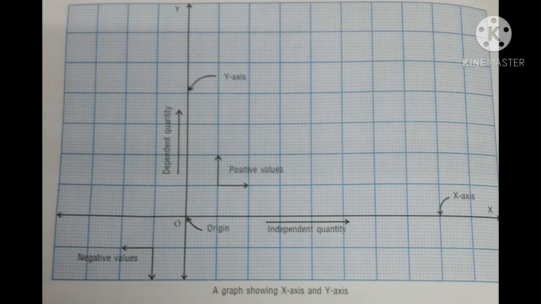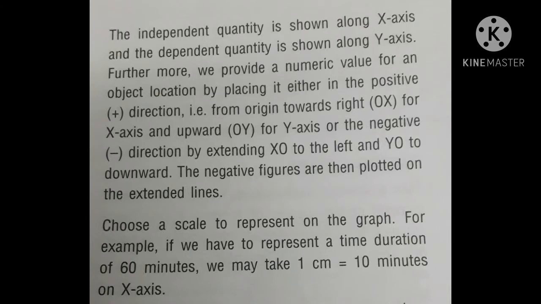Now below the line negative values can be shown. On the x-axis, on the left hand side, negative values can be shown, and in the vertical axis, downward at the bottom, negative values can be shown. The independent quantity is shown along the x-axis and the dependent quantity is shown along the y-axis.